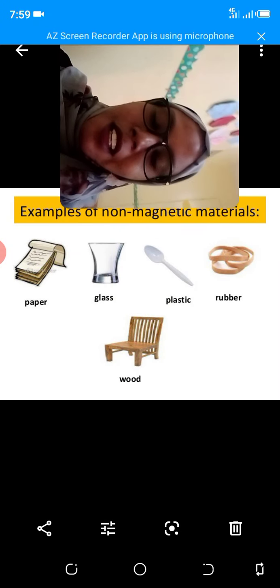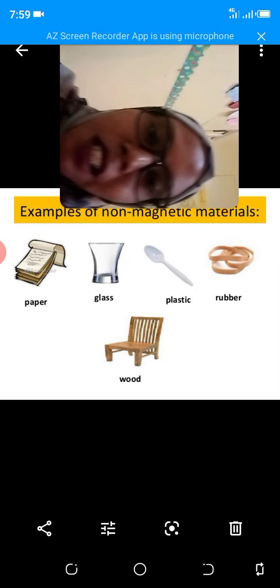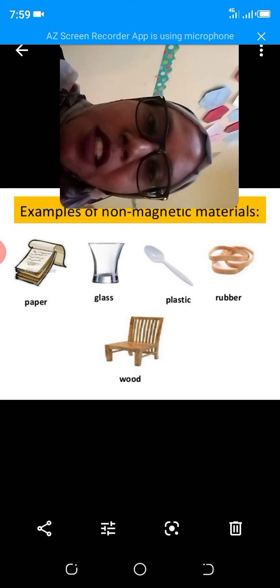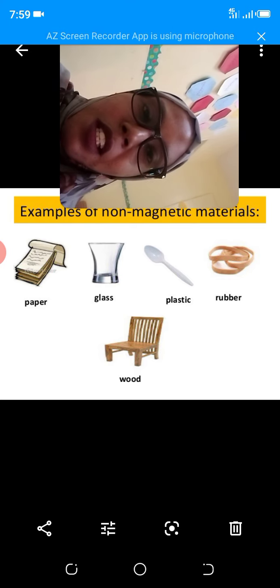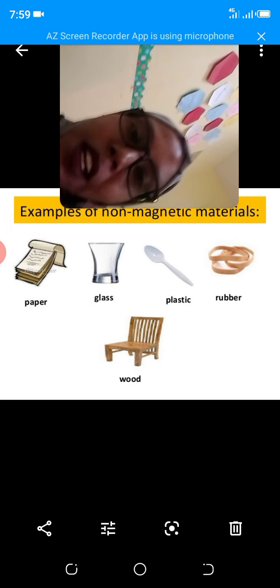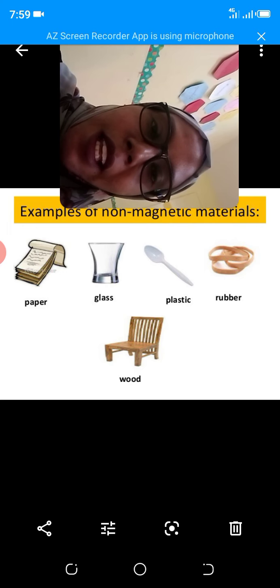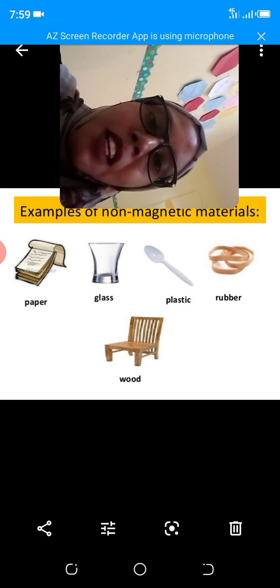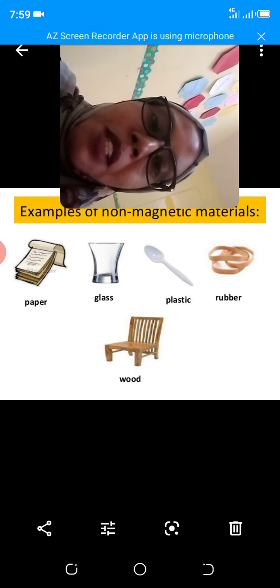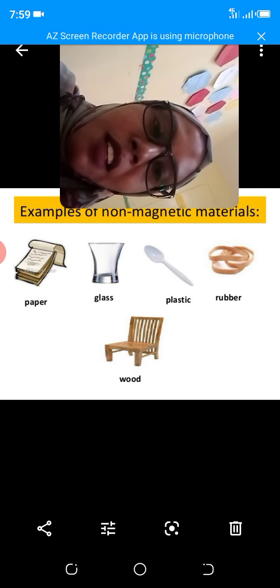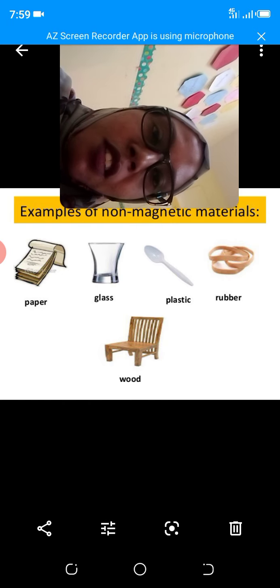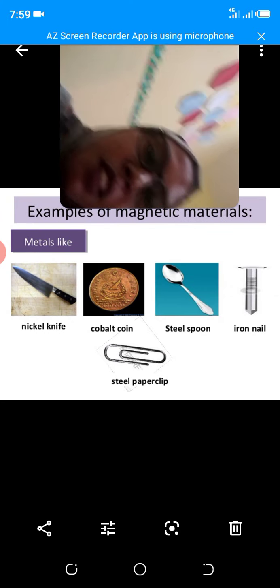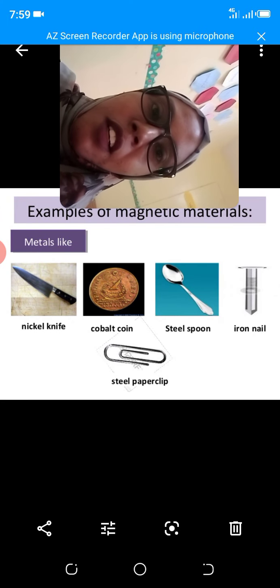Okay, number one is the magnetic property.